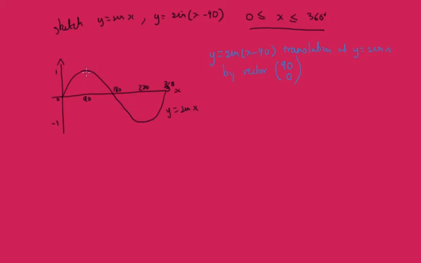So this time our curve gets moved in this direction. So it's going to come like that. And this is our y equals sine x minus 90.